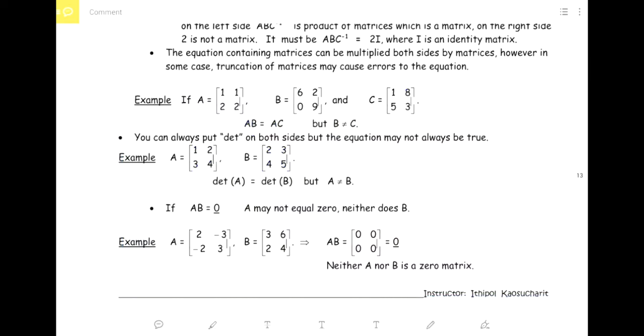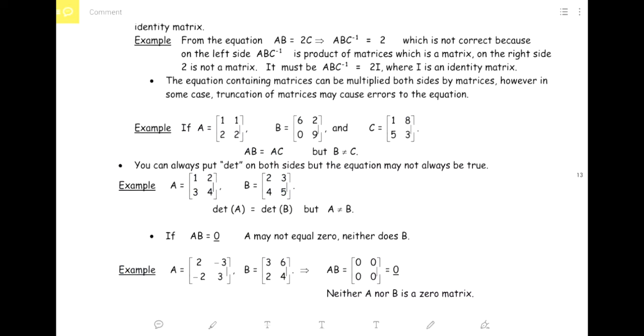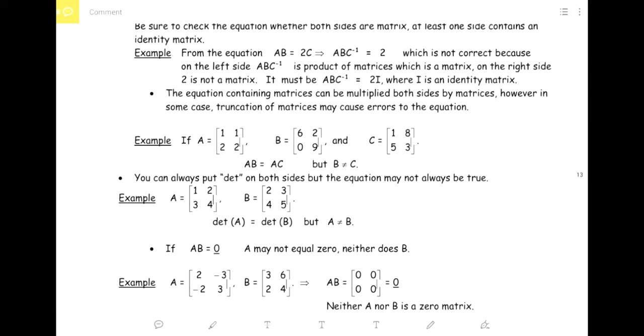Okay. Now let me talk about this one again, right? So if you want to work on some matrix equation like this, right? You have A times B equal to 2 times C, right? A times B is equal to 2 times C like that.